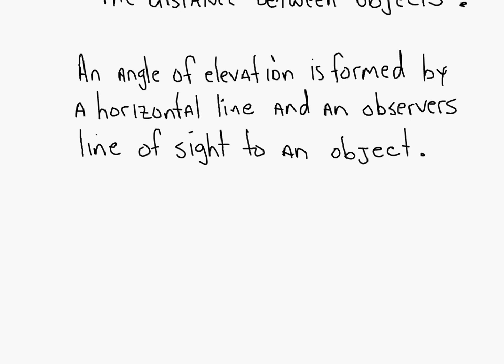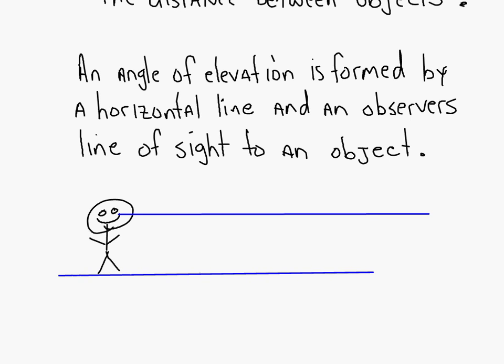Okay, so if a person is standing here, the horizontal line comes out of here. There's a line parallel to the horizon, right? So it's horizontal.